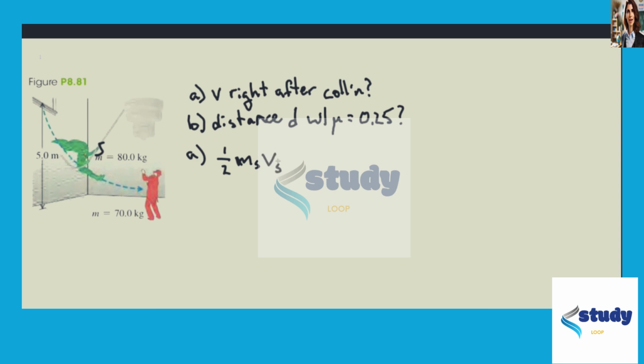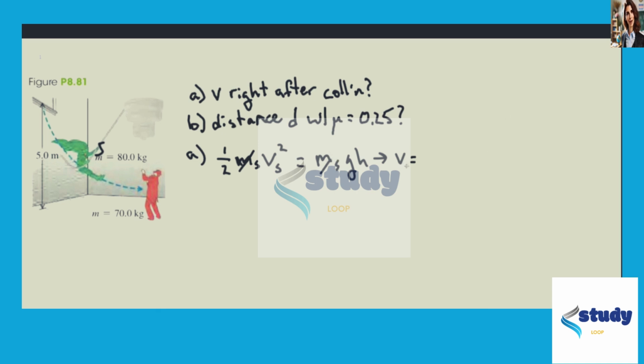Anyway, so this has to equal his gravitational potential energy, m_S g h. This h is our 5 meters. So start canceling things out.